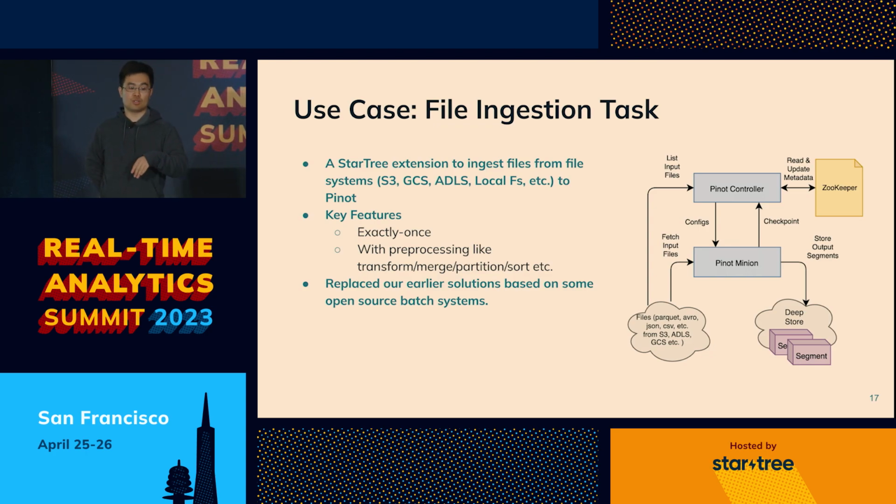For example, data transformation: we can derive new columns, omit some of the columns, and merge some of the rows. We can also do data partitioning and sorting based on some of the columns. Those are the two key features. And we use this task to replace our earlier solutions that were built on top of third-party solutions like Spark.